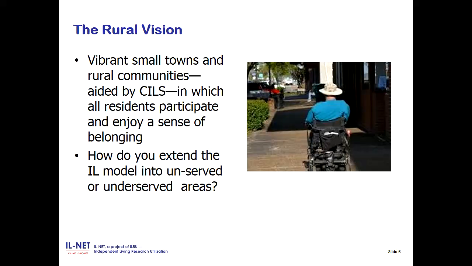Next slide, please. This is a picture of a man in a wheelchair cruising down a sidewalk of a small town.